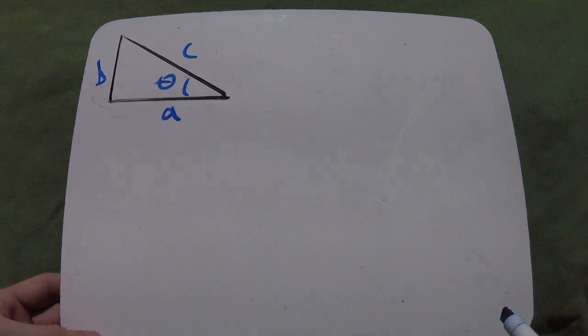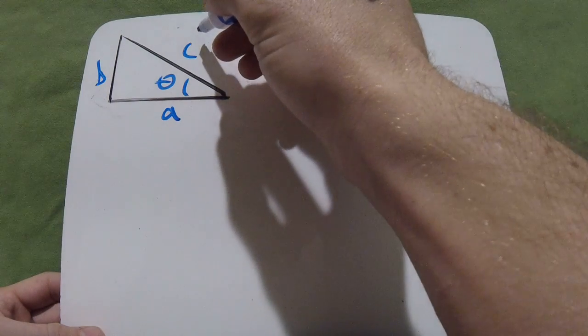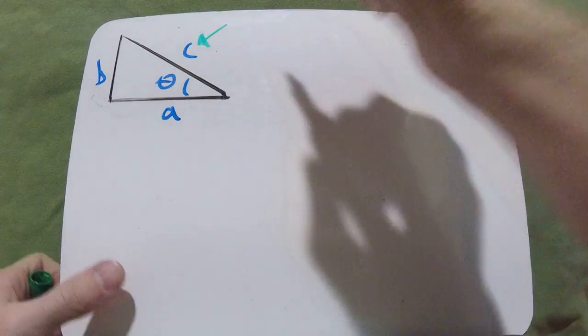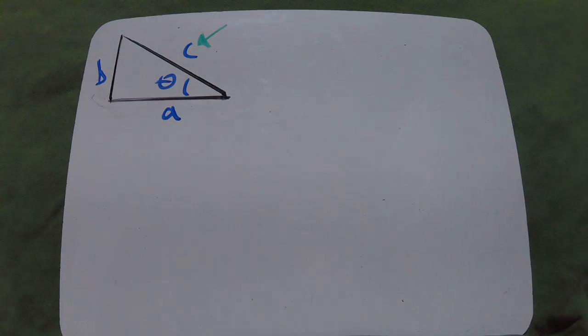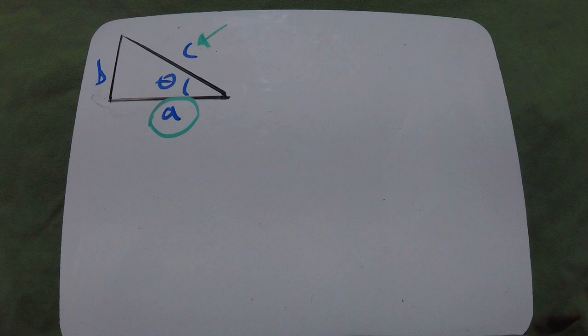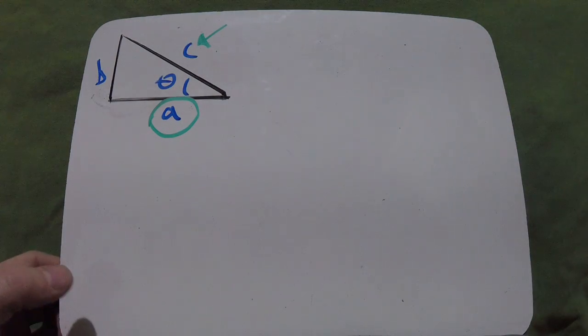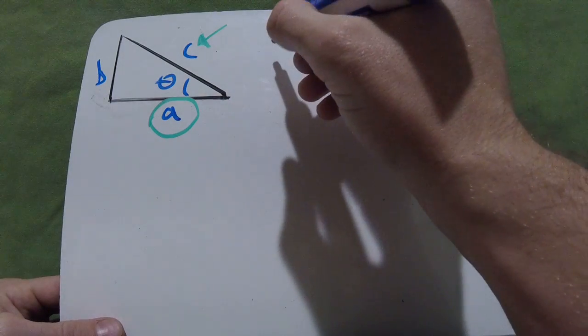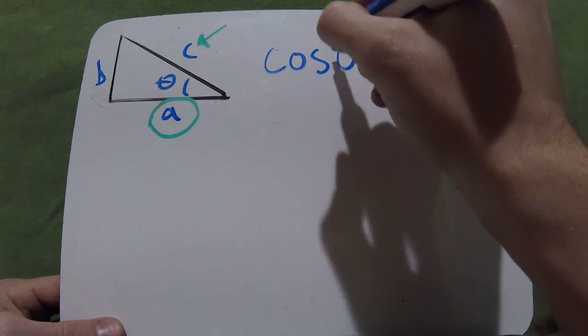Let's say that we only know this side C. I'll use a different color for that. Let's say we only know this guy. But I want to define A. How can I go about doing that? Well, I can see that A is adjacent to angle theta, and we have an equation that defines just these two variables, and it's called cosine theta.